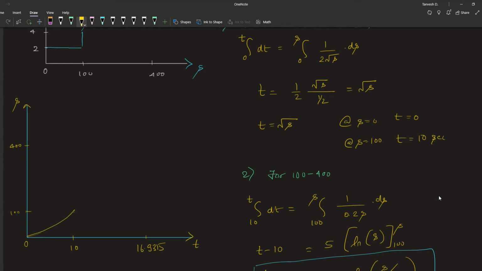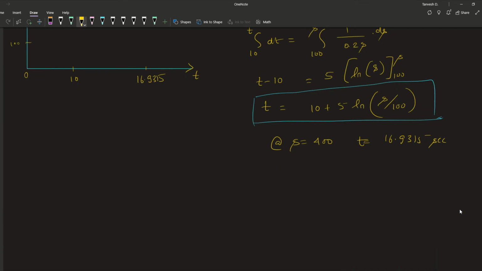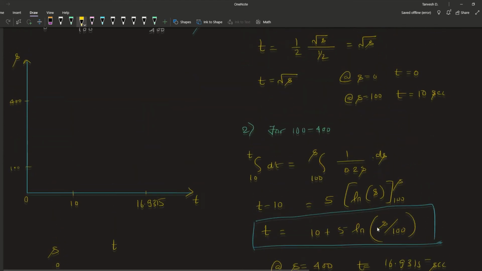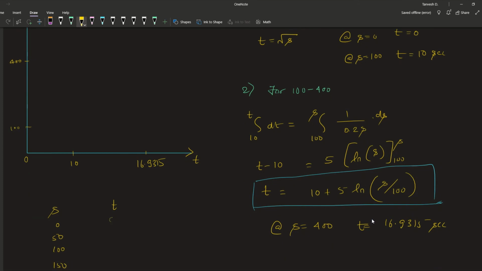You can plot it as I had told you in the calculator. We have that table function. If you use the table, we can find for different values of displacement the respective time. So let displacement go from 0, 50, 100, 150, 200, 250, 300, 350 and 400. And time is, at s equals 0, time is 0.